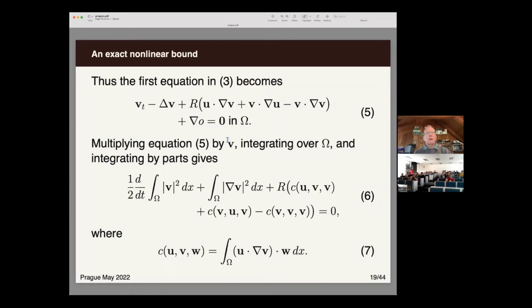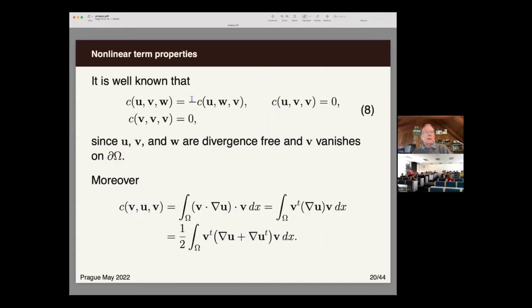We multiply by V, integrate over omega, integrate by parts, and this is what we get. Here, the C is the well-known trilinear form for Navier-Stokes. It's this standard nonlinear term from Navier-Stokes dotted with a third vector-valued function. This has three terms, so we get three terms here. But there are some identities for this trilinear form that are well known, and with that, there is a lot of cancellation.